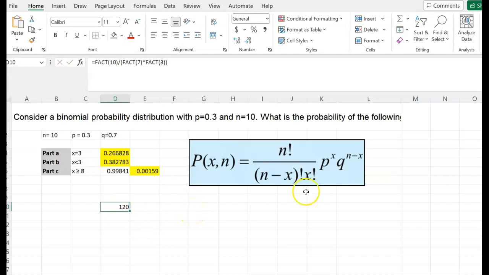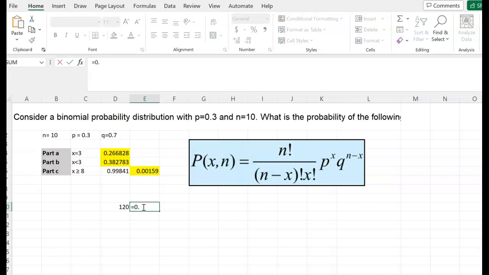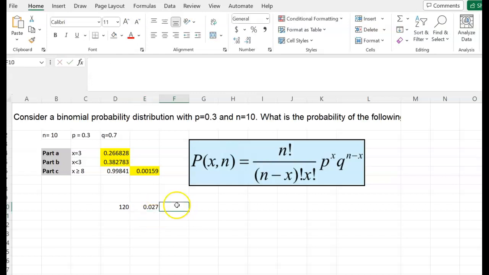Then we want to take that part and multiply it by p to the x. So p is equal to 0.3, and we know x is 3. Then q is just your probability of failure. Your success is 0.3, so your failure would be 0.7, because the total probability should be 1.